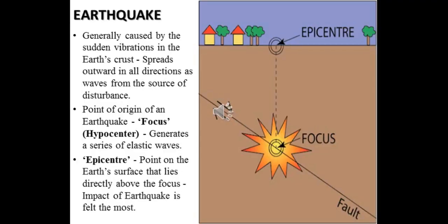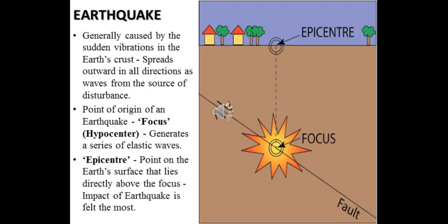Earthquakes are generally caused by the sudden vibration in the earth crust, which spreads outward in all directions as waves from the source of disturbance. From the source of disturbance, waves spread in all directions, which causes a vibration in the earth crust.